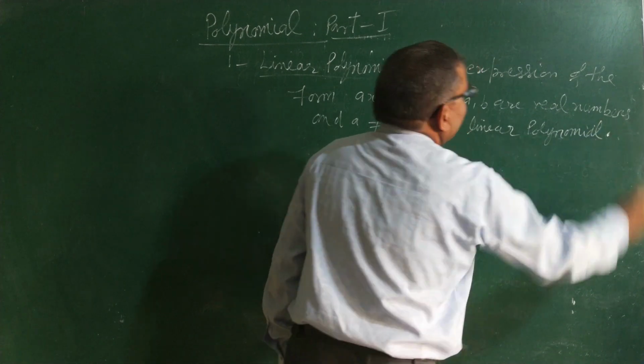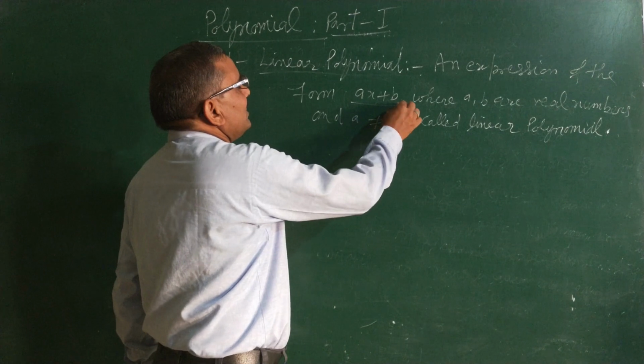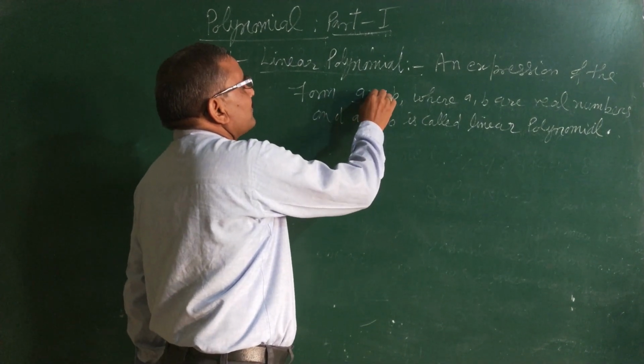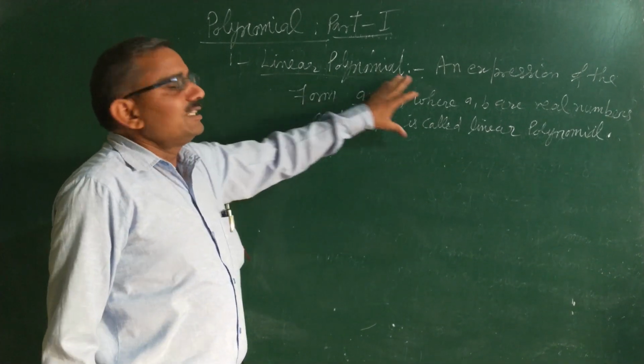Here linear means the power of the variable, in this case ax plus b, the power of the variable is 1. यहाँ x का पावर 1 है, इसलिए इसको कहेंगे linear polynomial.